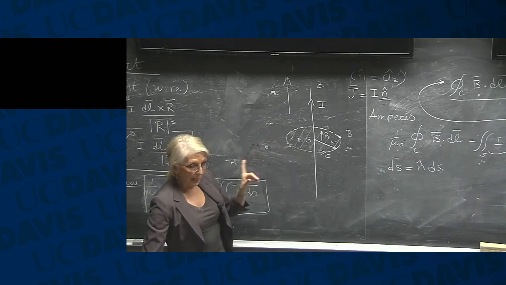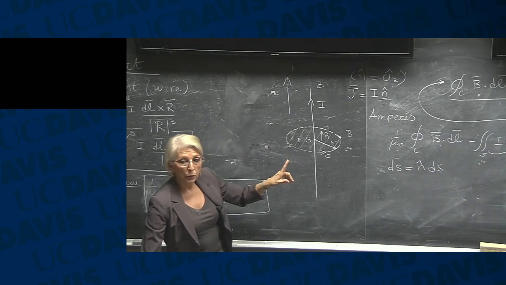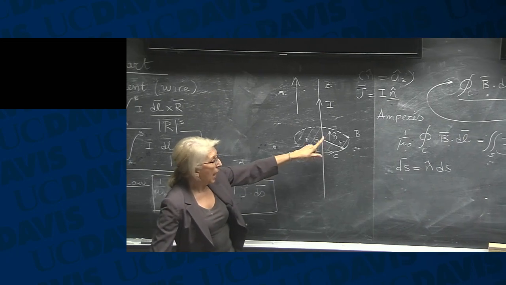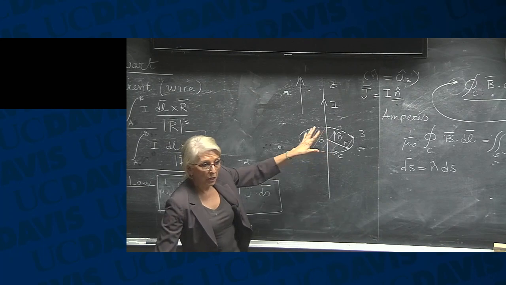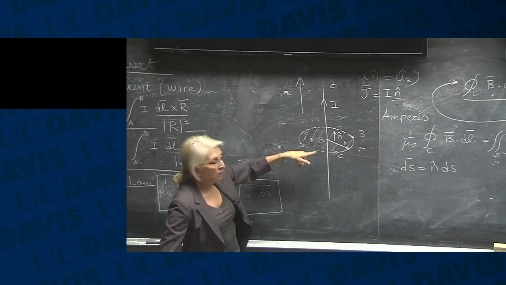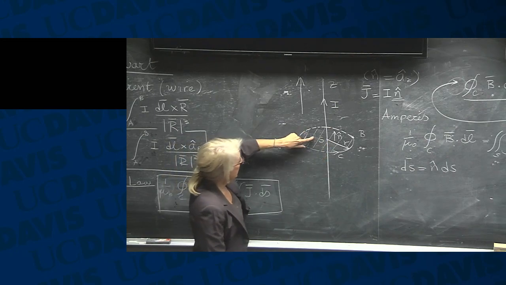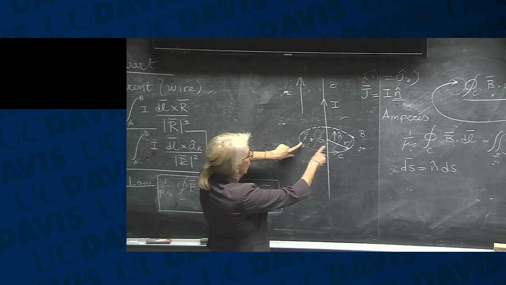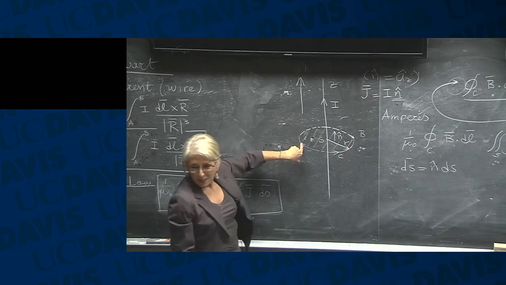Because there is nothing else around it, what do you think is going to happen to the magnetic field around this current? Is it going to vary with phi? How is it going to vary? It's going to only vary radially, but not with phi. Because if I am here on this circle or here, I will see the same thing.